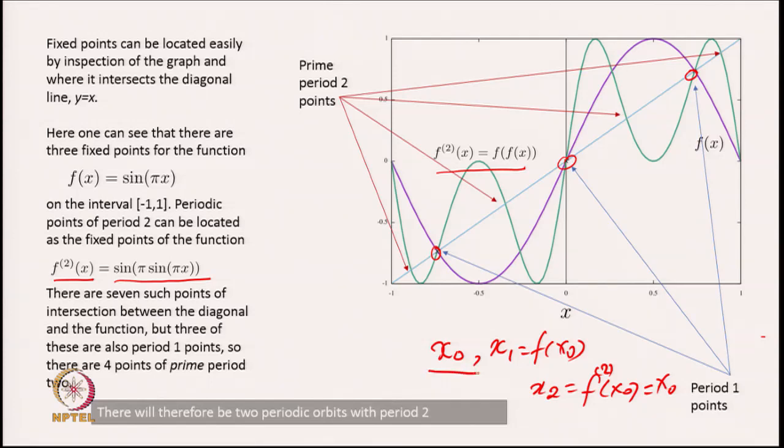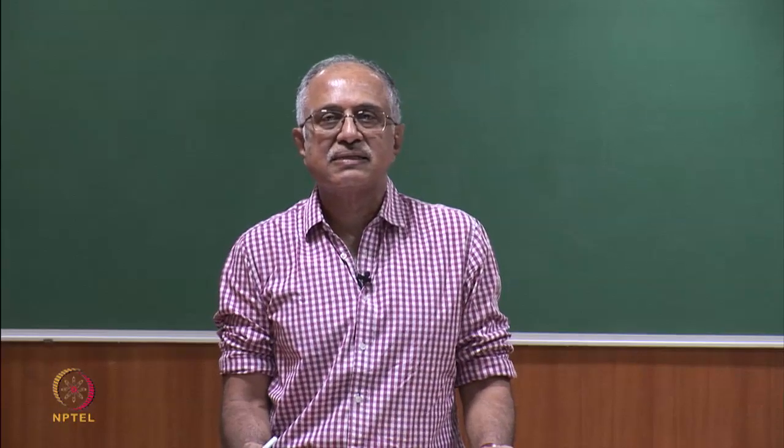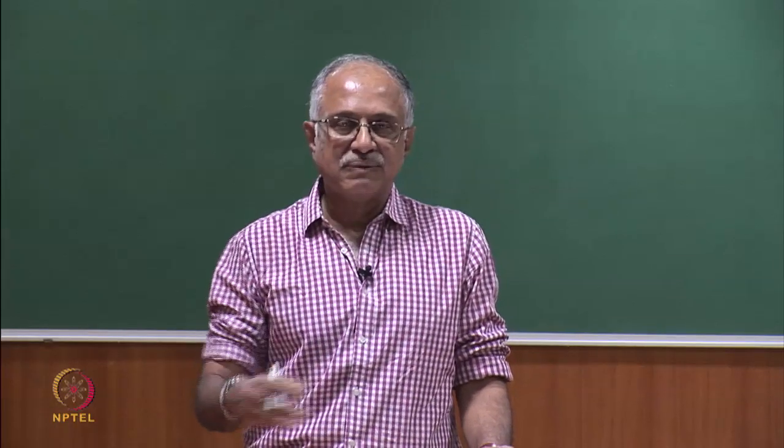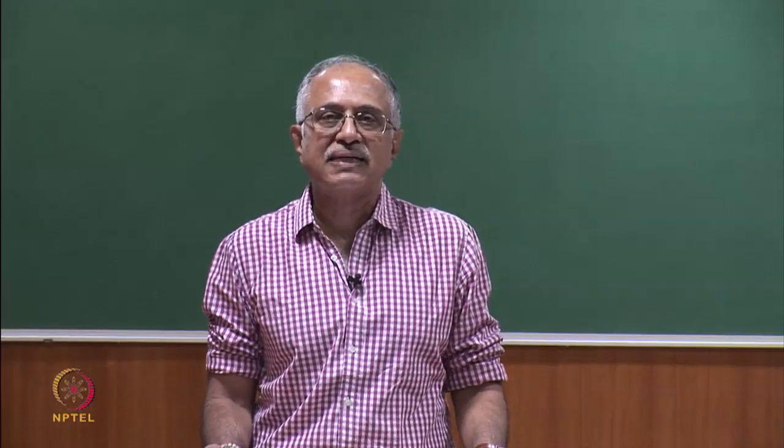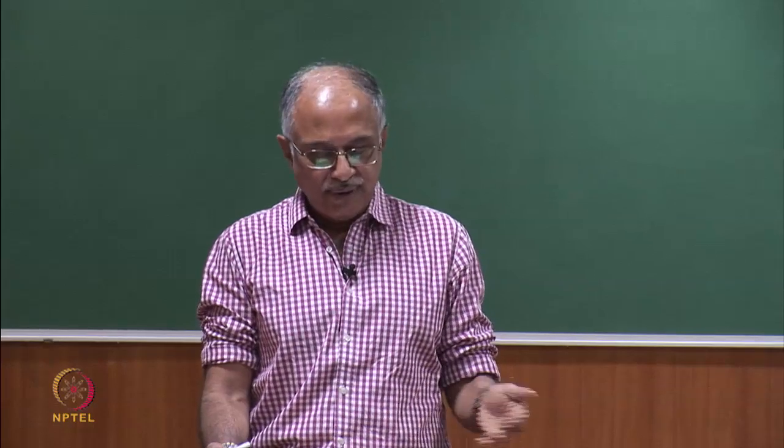So, I need 2 elements on a period 2 orbit, and therefore, these 4 points which have got prime period 2 form 2 distinct periodic orbits which have got period 2.